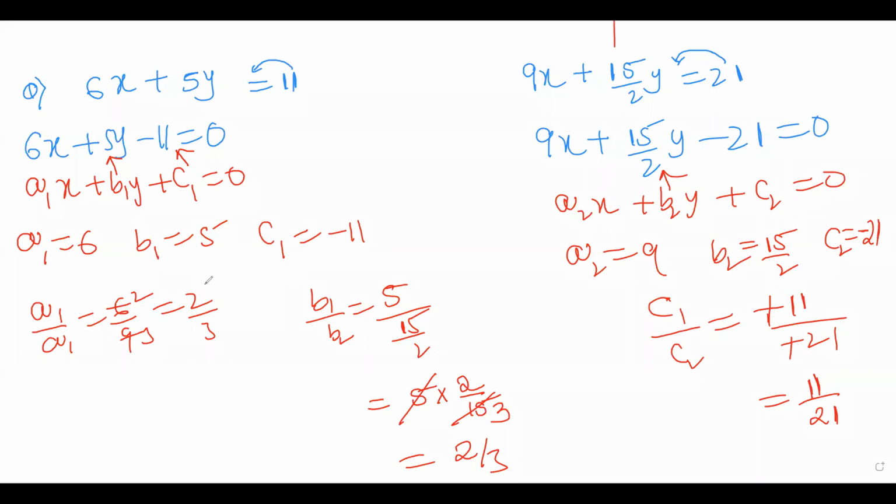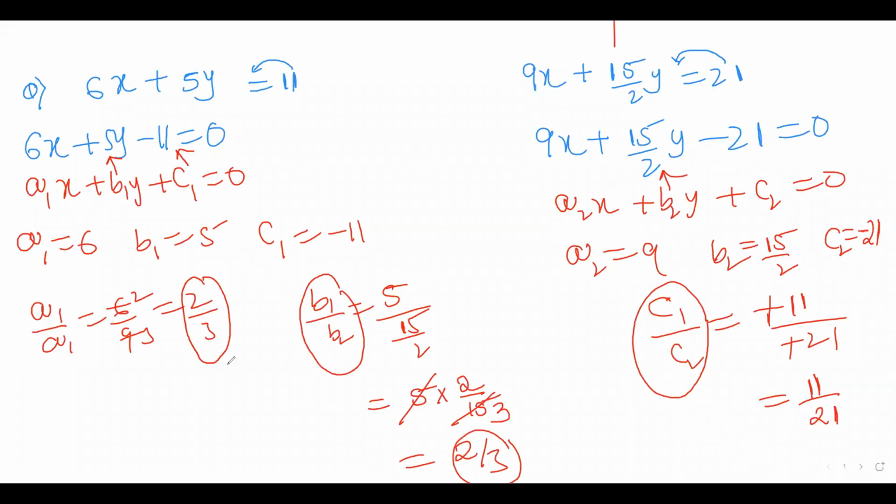You can notice that a1 by a2 is 2 by 3 and b1 by b2 is also 2 by 3. But c1 by c2 is 11 by 21. So we conclude that a1 by a2 is equal to b1 by b2 but not equal to c1 by c2. Once again, a1 by a2 and b1 by b2 both are equal to 2 by 3, but c1 by c2 is not equal.